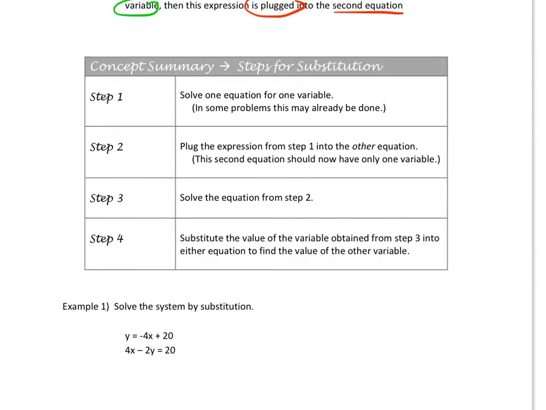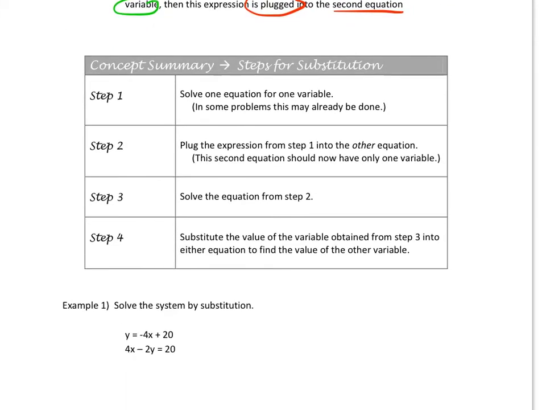So if we look at our steps here, which you have available to you, it says solve one equation for one variable. So if there's two variables in the equation, solve it for one of them. Some of these equations will already be solved for one variable, and that's a benefit. Then you're going to plug that into the other equation.